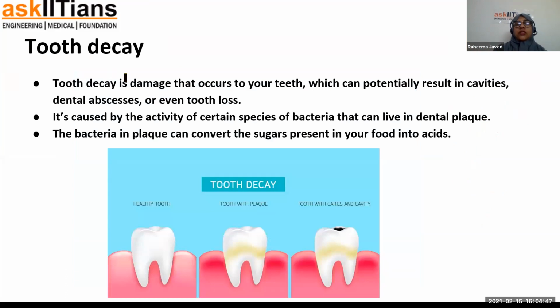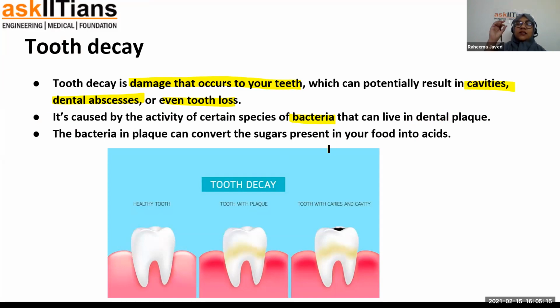Tooth decay is damage that occurs to your teeth, which can result in cavities and dental abscesses, or even tooth loss. If it is not taken care of properly, then you will lose your teeth. It's caused by the activity of certain species of bacteria that can live in dental plaque.